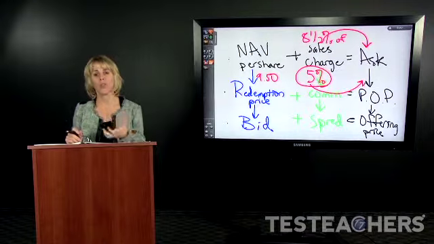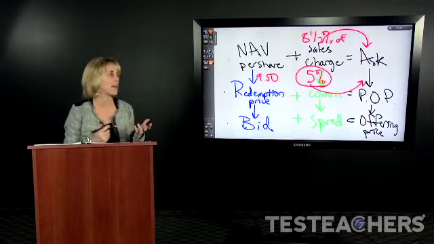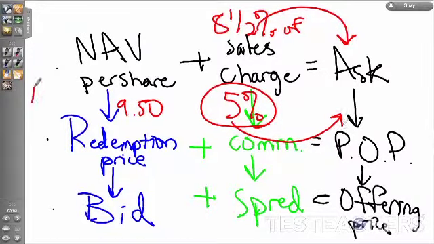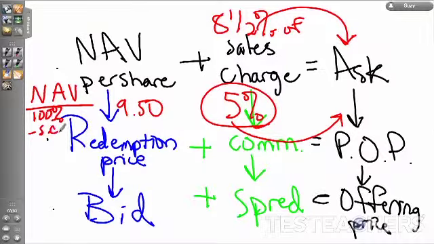So 950 divided by 0.95 is basically what we're doing. This is the formula: if they give you NAV and a sales charge, you take NAV divided by 100% minus the sales charge. So 950 divided by 0.95 gives us an ask of $10.